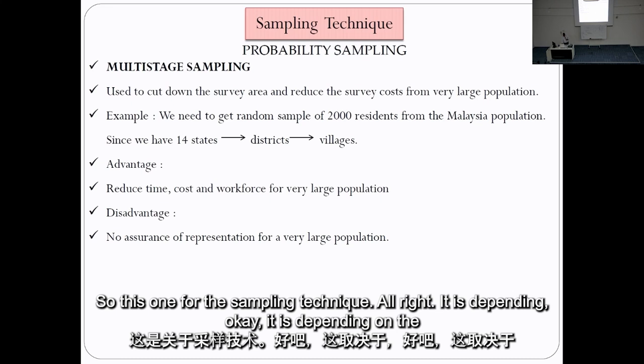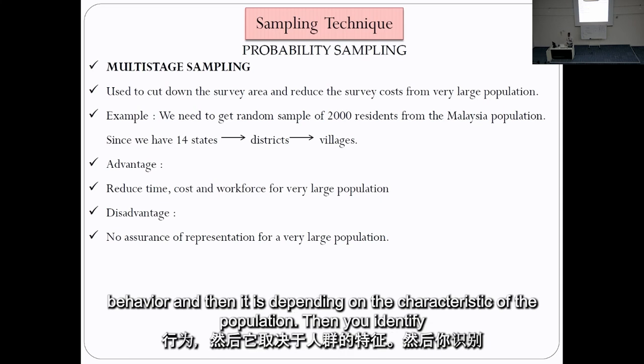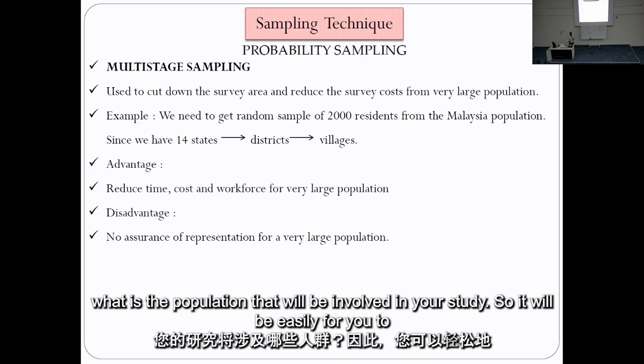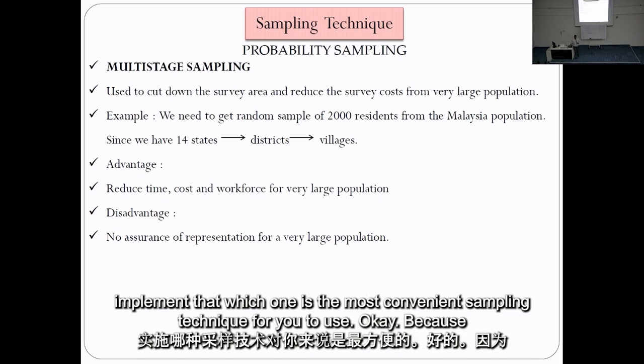So for the sampling technique, it depends on the behavior and the characteristics of the population. You identify the population that will be involved in your study, so it will be easier for you to decide which is the most convenient sampling technique to use.